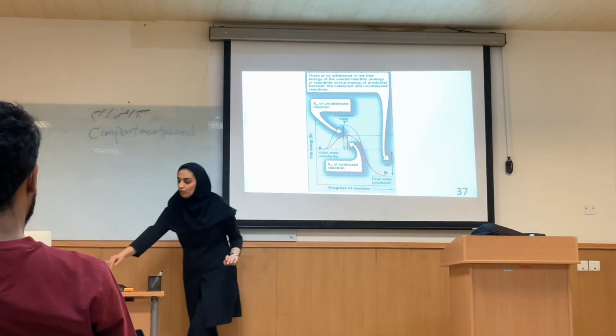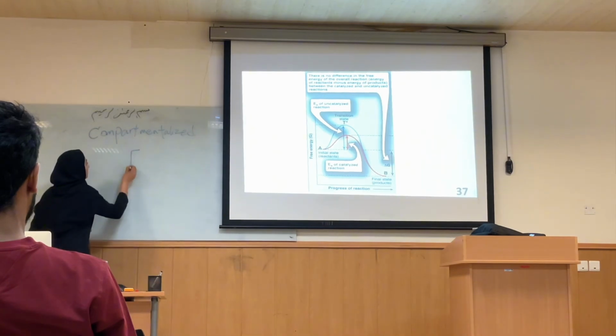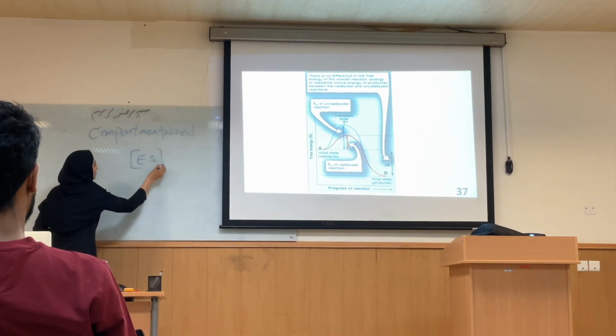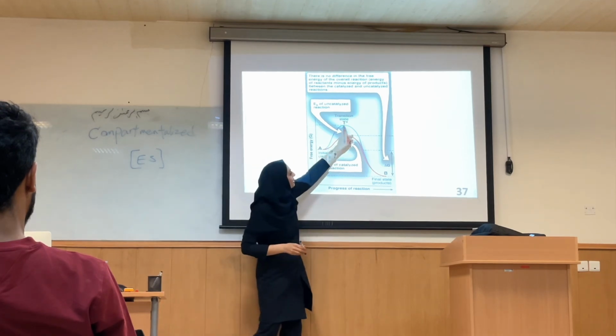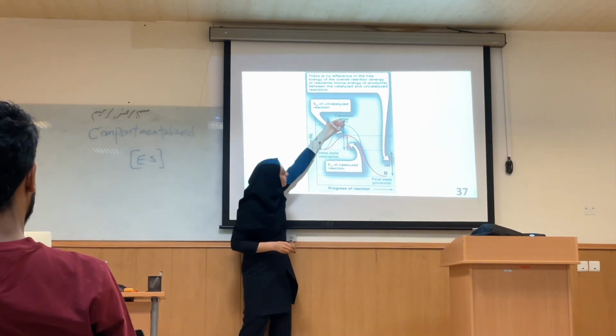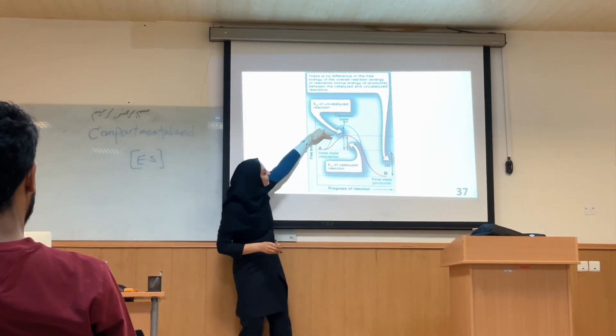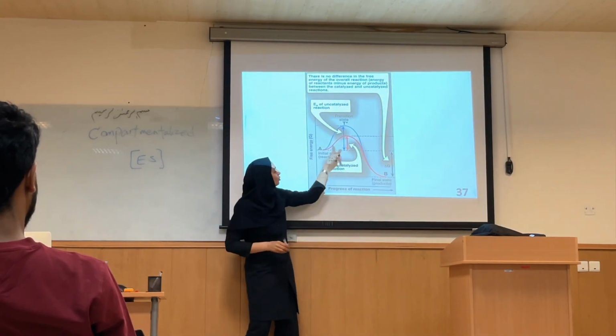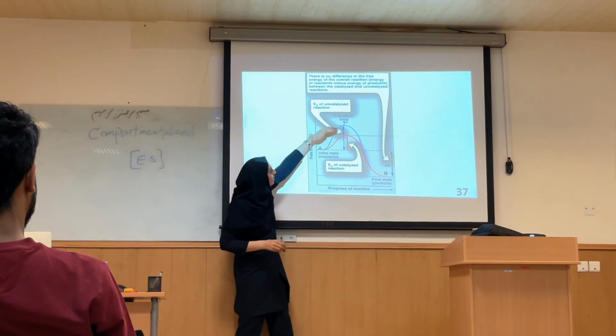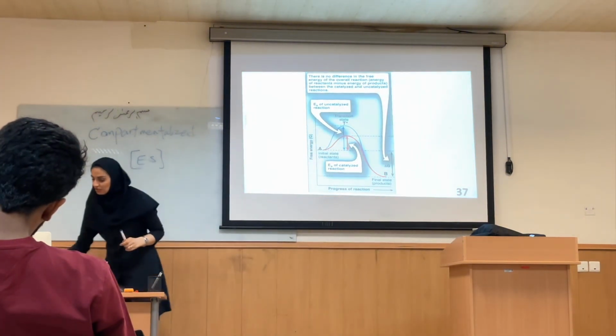It is the situation where we have ES. The substrate and enzyme should overcome this situation to continue the reaction. It is so important, and the enzyme decreases this transition state.